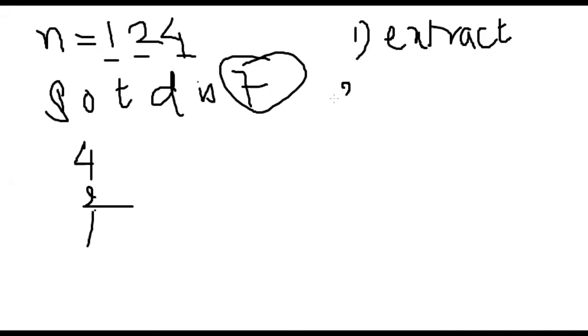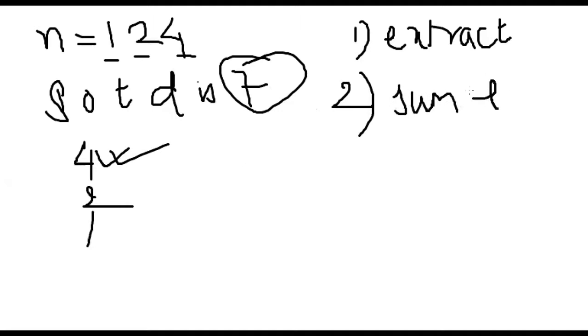As soon as we extract a digit, we will sum the digit, and after we sum, we will store it in a variable. So we will sum and store. We'll extract one digit at a time, sum that digit, and store it in one separate variable.